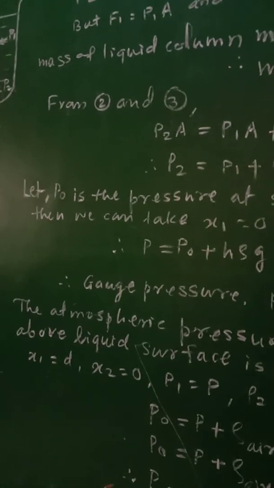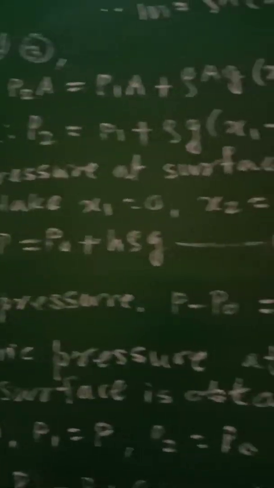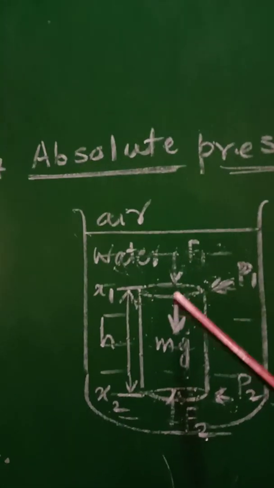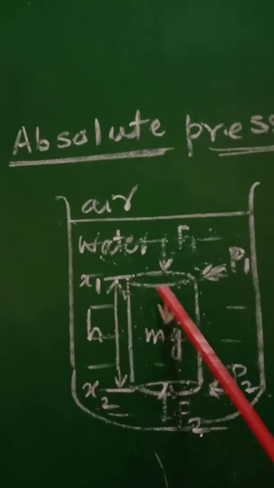Let P0 be the pressure at the surface of the liquid. So at the surface of the liquid, let P0 be the pressure acting here instead of P1.